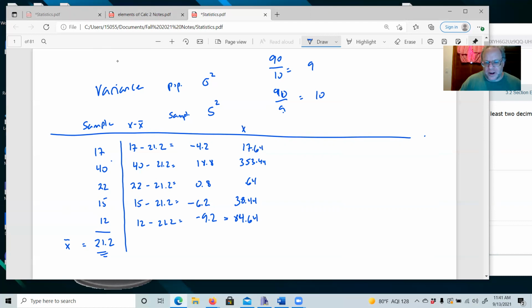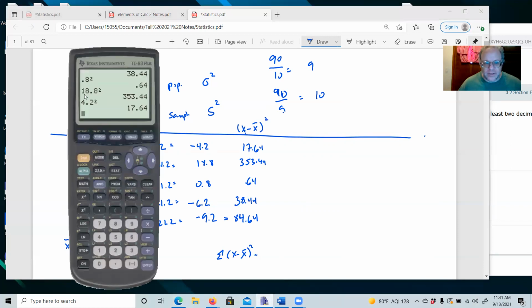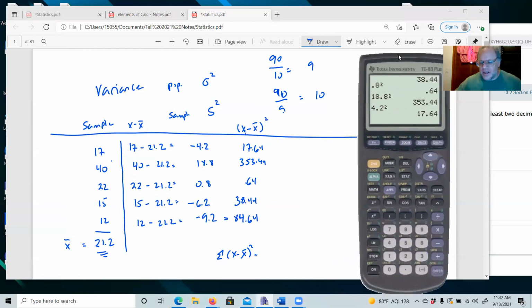So here we are at x minus x bar squared. Now we have to add these up. The next thing is the sum of x minus x bar squared. All we're going to do is add up these numbers. Let's see if my 10 key is still good.